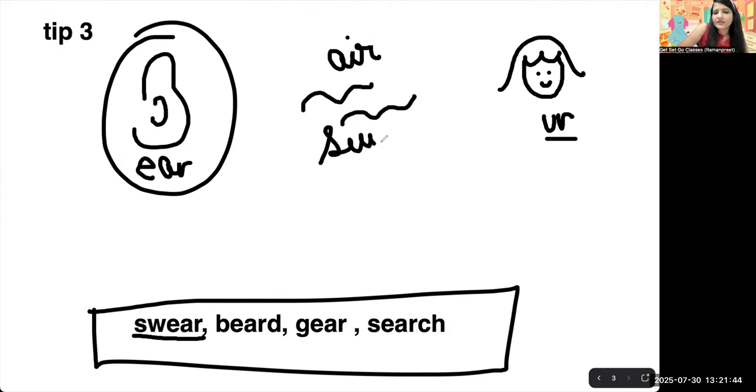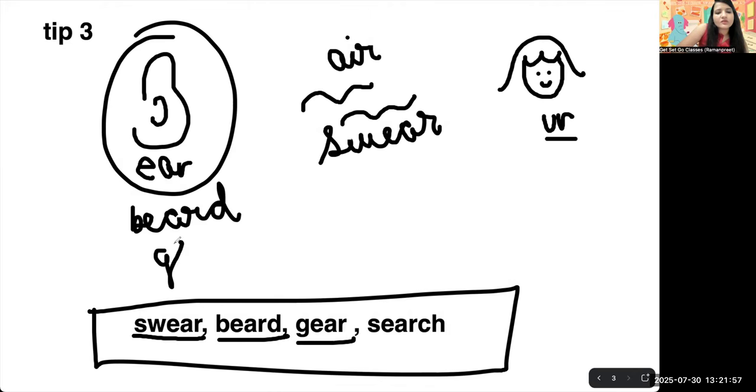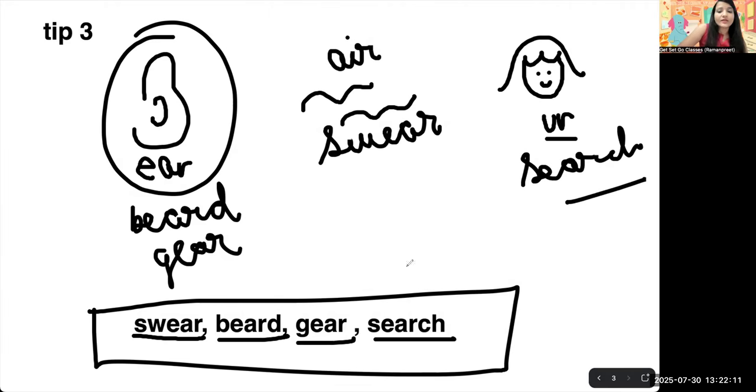Swear is an air word. Beard is an ear word, so they are going to write it here. Beard, gear, ear. This is also an ear word. And search, I hear, so her. This is a her word, so they are going to write it over here. So categorize this, and you can also make some beautiful flashcards where you can have them read these words on a regular basis.